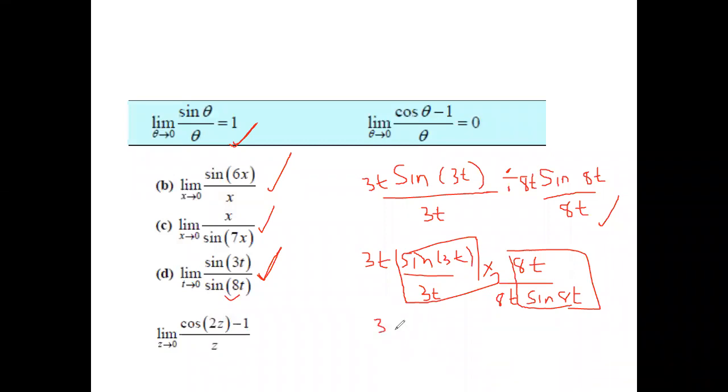It is now 3t over 8t, times sine of 3t over 3t, times 8t over sine of 8t. So this is much clearer to you, right?